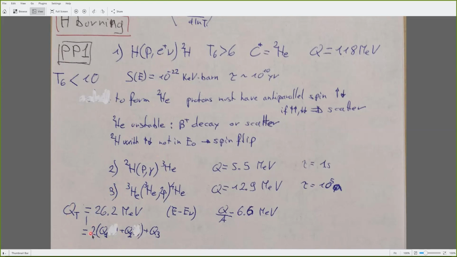So the Qt is the Q1 plus Q2, energy here and here, summed and multiplied by 2, and then summed with this one. At the end, we have a total of a little more than 26 megaelectron volt, and if we divide by the mass number of helium, that is 4, you have 6.6 megaelectron volt per nucleus involved in the fusion.